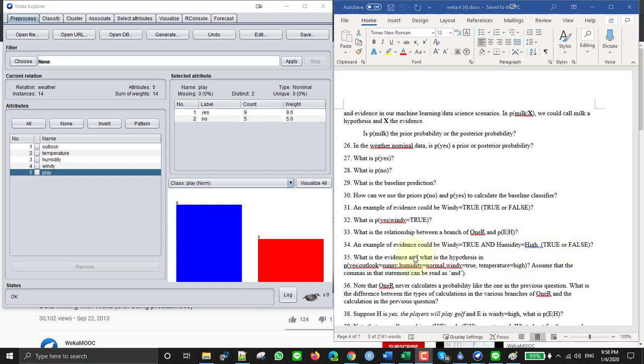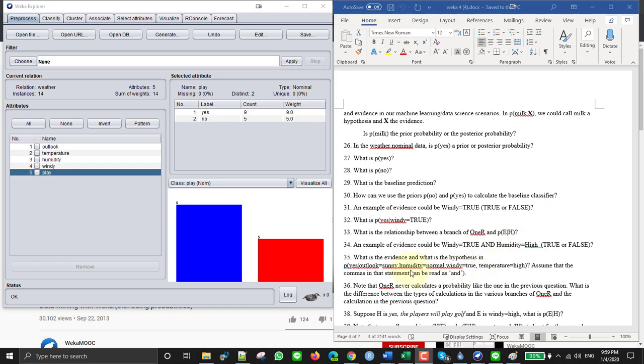So an example of evidence, so is this true or false? An example of evidence could be windy equals true and humidity equals high. That is true. Going back to this one, an example of evidence would be windy equals true. That's also true. But this is an example of evidence for 1R, and this is an example of evidence for J48. Okay, sorry about that.